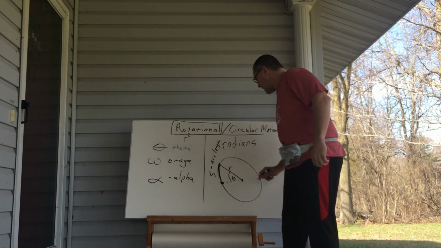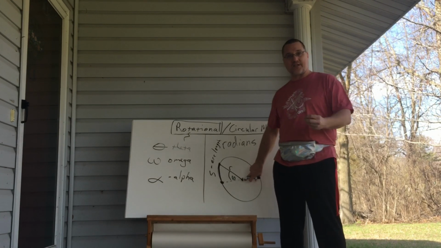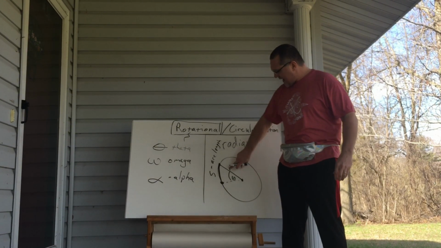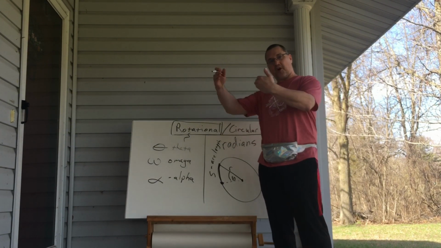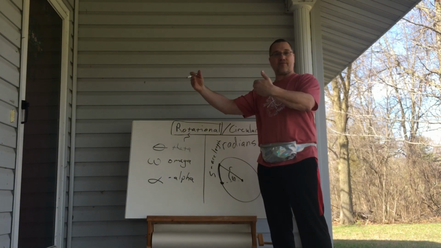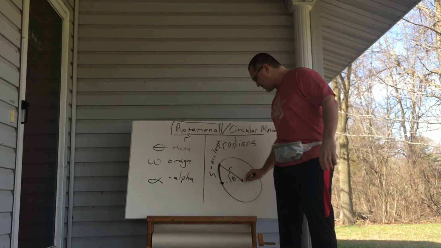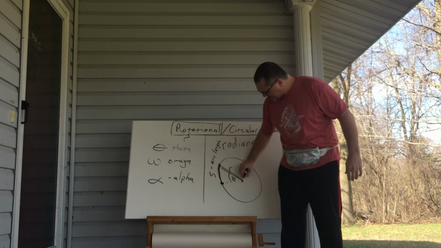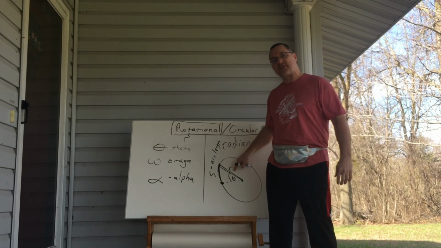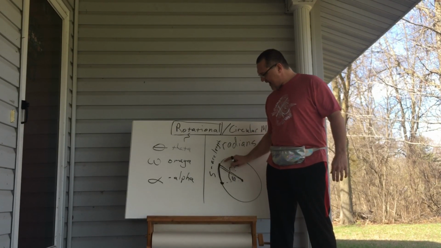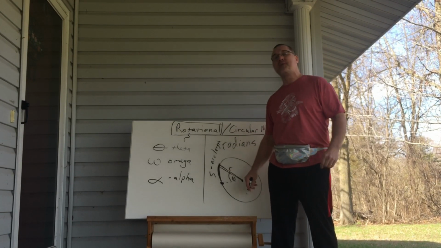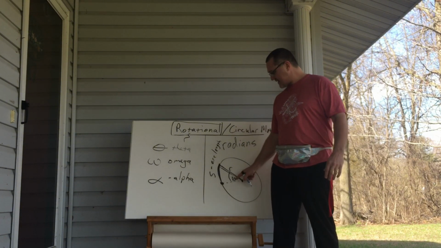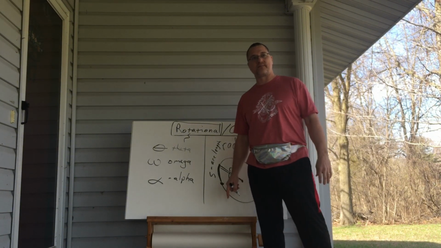Obviously, this is your axis, this is your set point. That is going to be from a certain radius away from your axis. So here's your axis. This is the radius, the distance from the center, and then the S is the curvature that you're moving along the circle at a particular angle.